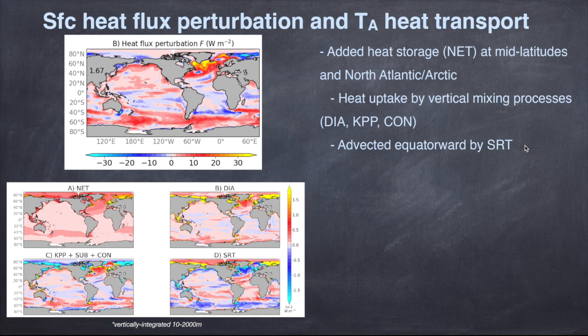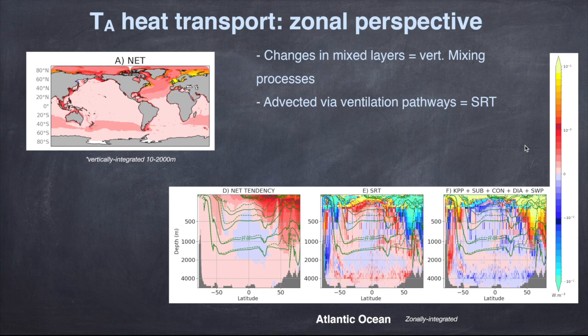Because we are applying this positive anomaly at the mid and high latitudes, this vertical mixing process decreases its cooling effect and causes local warming, which is locally balanced by the super-residual transport, which transports part of these heat anomalies equatorward. And looking at the zonally integrated budget, here I'm showing the Atlantic Ocean basin.